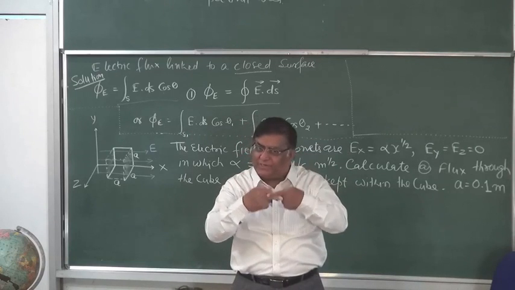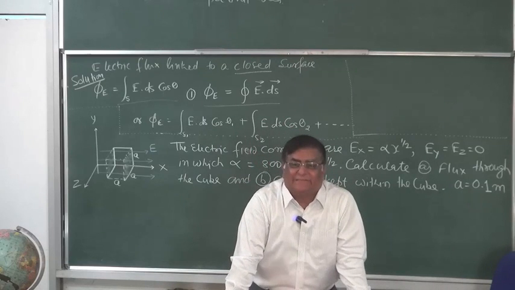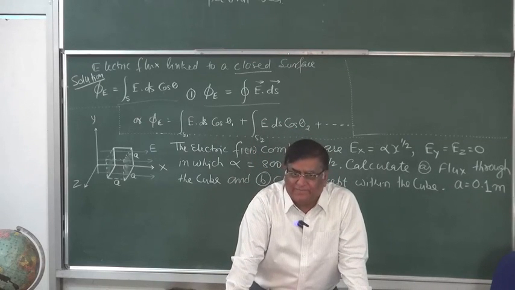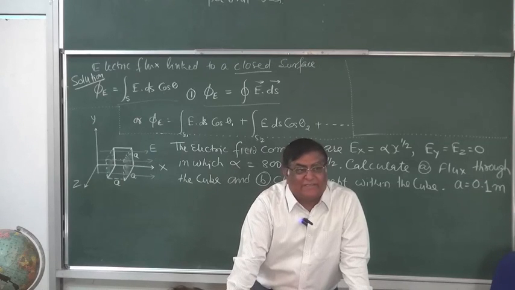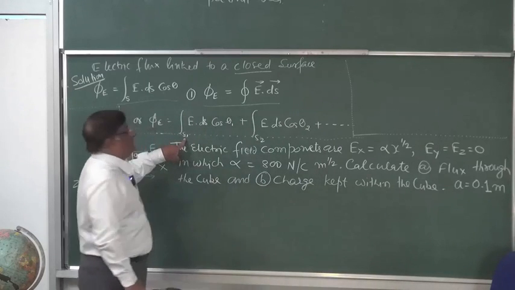So when it is opposite, we will take it as 180, and cos 180 is minus. Understand? Okay. तो यहां पर थीटा कितना लिया जाएगा? 180. ठीक. We will start for surface number 1.